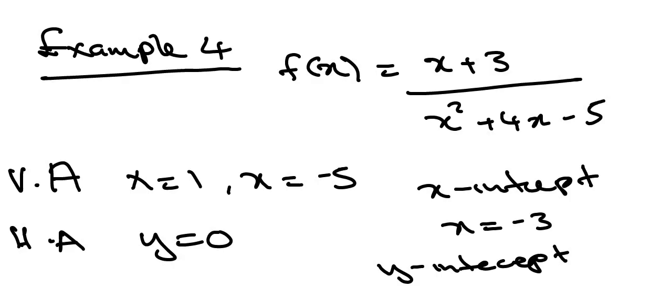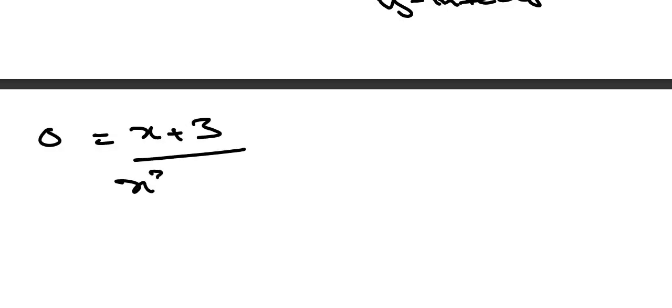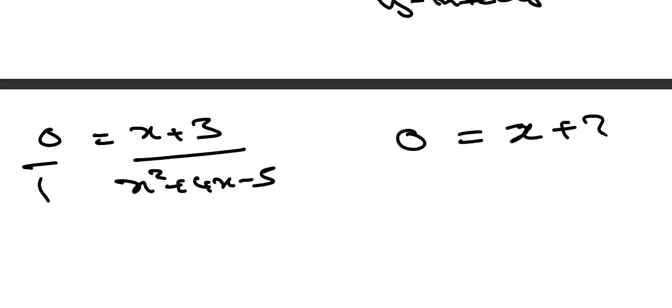When you put a 0 here for y and cross multiply, y is equal to 0, we have x plus 3 on top, then down we have x squared plus 4x, then minus 5. Cross multiply here, what do you get? It's 0 is equal to x plus 3, right?